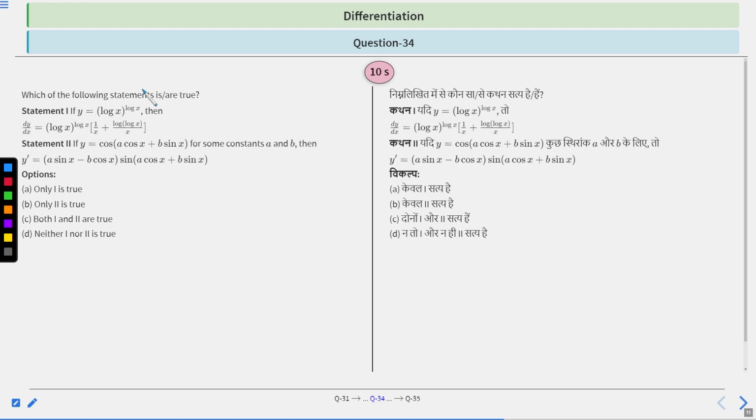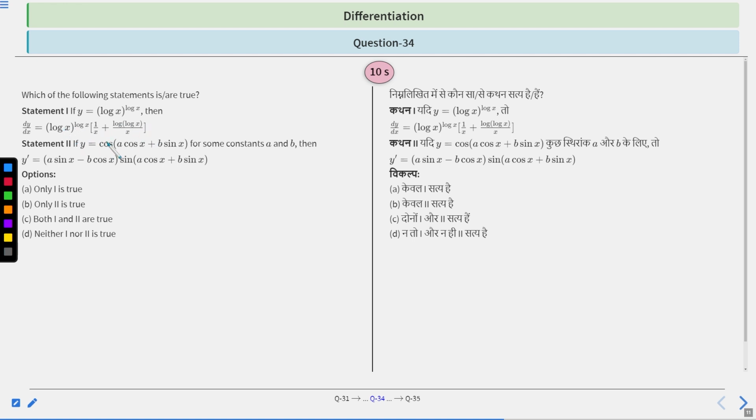First, y is given as this. We can take the derivative of y. How will we take the derivative of y? We can take log both sides, that is log y is equal to log x times log of log x, and we can take the derivative. After that, we will get dy by dx, and we will check whether dy by dx is this expression or not.